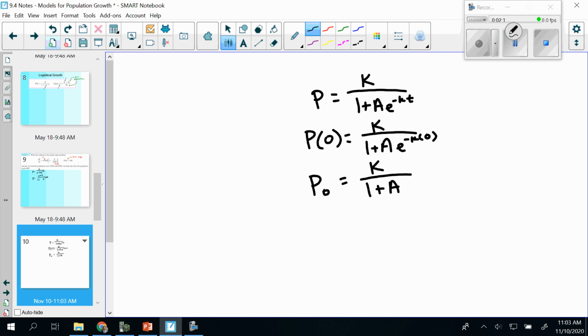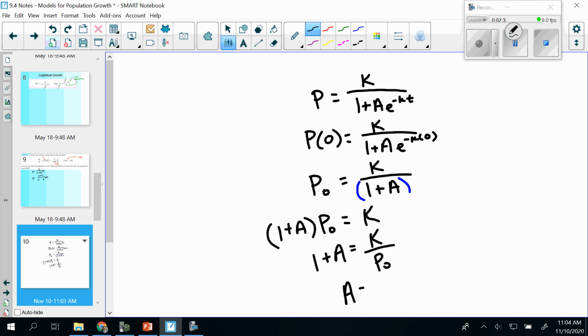Well, let's solve this. Let's multiply this part to the other side. If we do that, we get 1 plus A times P of 0 equals our carrying capacity. Let's divide by P of 0. So now we have our carrying capacity over initial population. If you subtract 1 from this, that's our carrying capacity over P of 0 minus 1.